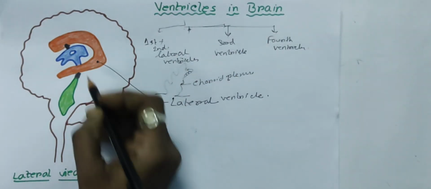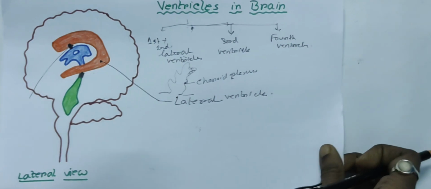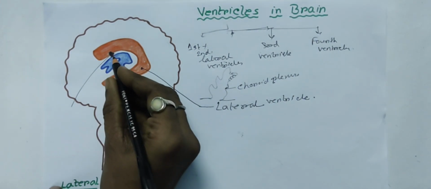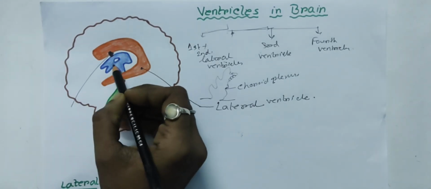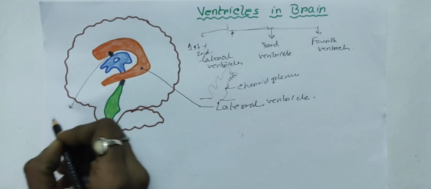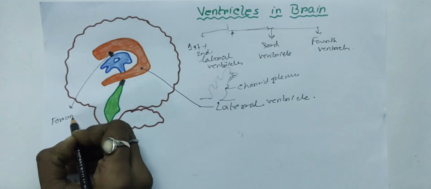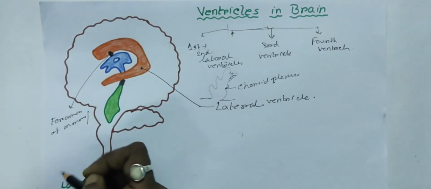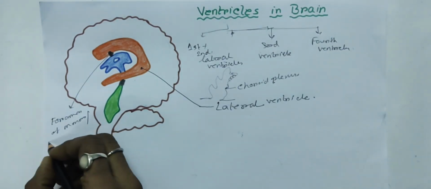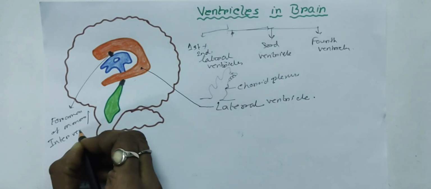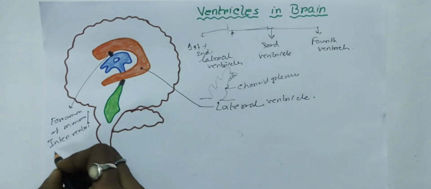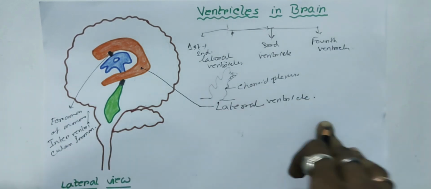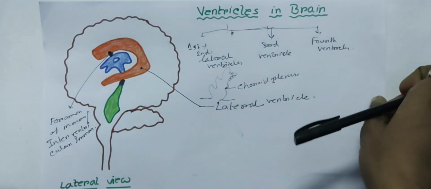This connection between the lateral ventricle and the third ventricle is called the foramen of Monro, or it's also called the interventricular foramen.